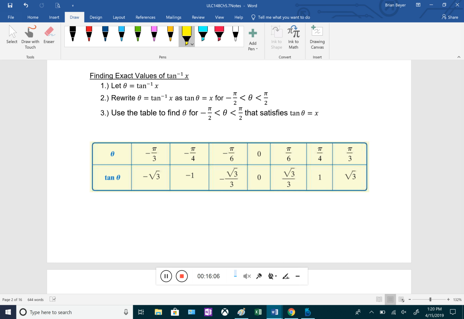So for the theta values here, notice we're going from negative pi over 3 to pi over 3. We're not starting at negative pi over 2 and pi over 2 because that actually was not included in the restricted domain. That's why there were parentheses for interval notation, not brackets. Okay, but similar concept. We just have these main values between negative pi over 2 and pi over 2.